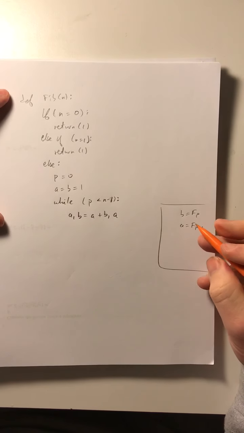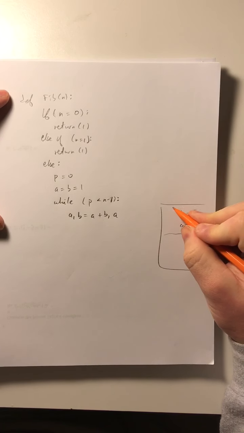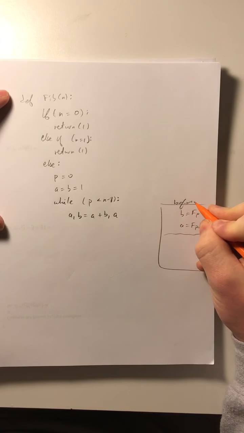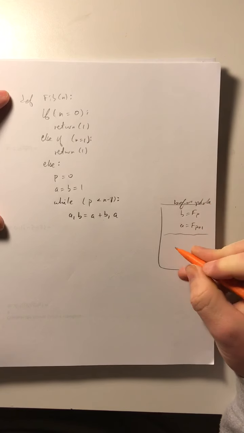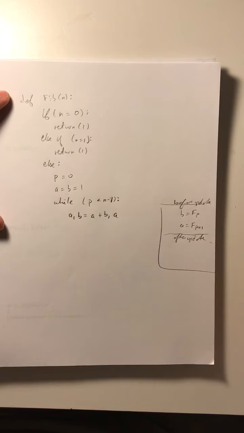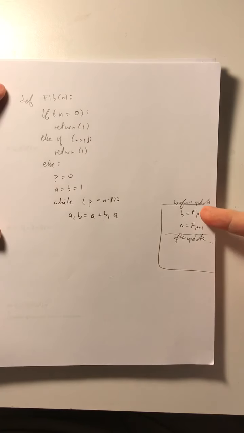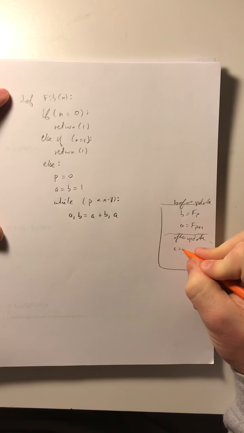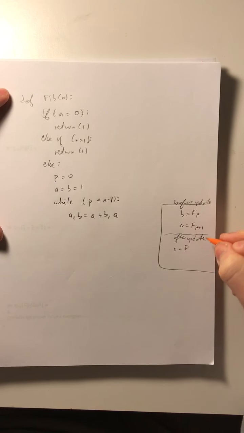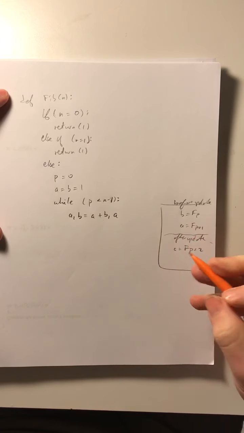And then when I update, this is before update, and then after update, the new value of a is the previous a plus b value. Well, f of p plus f of p plus 1 is f of p plus 2, and the new b value is the old a value.